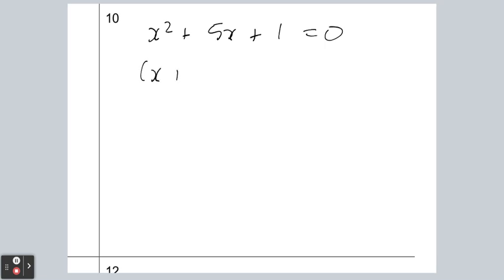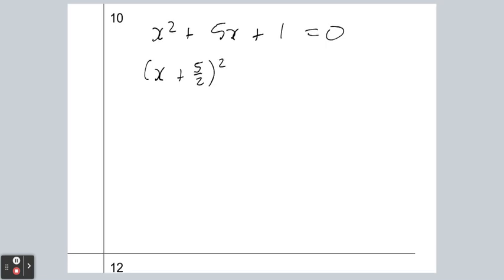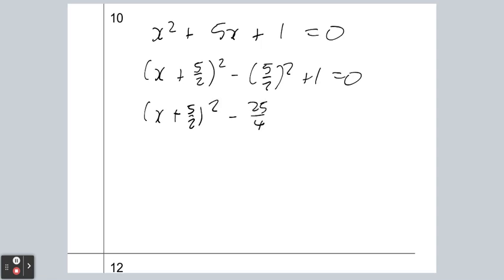That would be x plus 5 on 2, or 2.5 squared, minus 5 on 2 squared plus 1 equals 0. That would be x plus 5 on 2 all squared, minus 25 on 4. You okay with that? And what I do is go straight into the same denominator there.